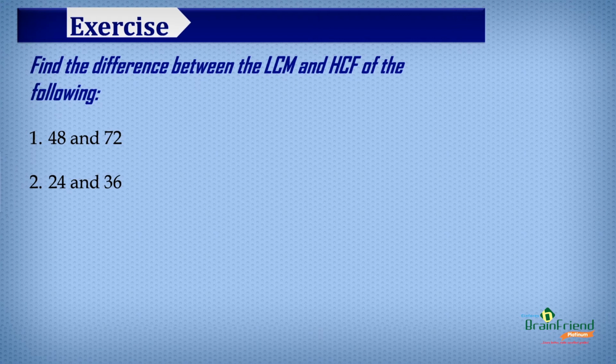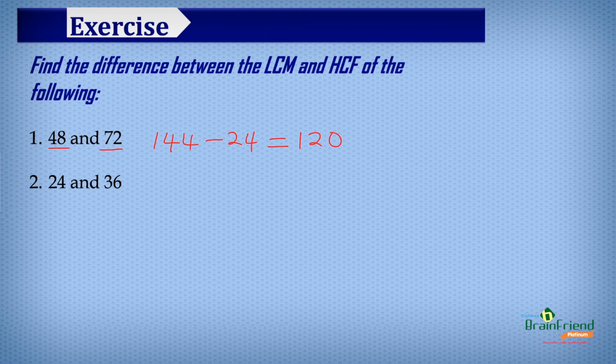I believe that you must have found out that the LCM between the numbers 48 and 72 is 144. And the HCF is 24. And when you take the difference, that is when you subtract 24 from 144, it gives you 120.